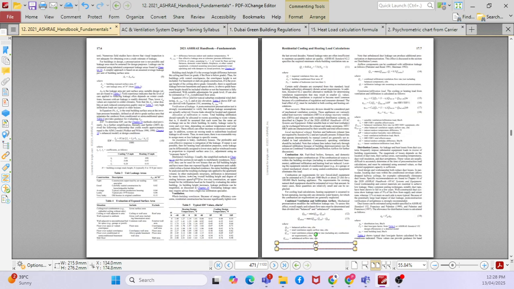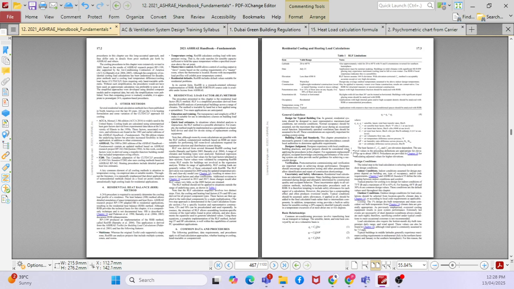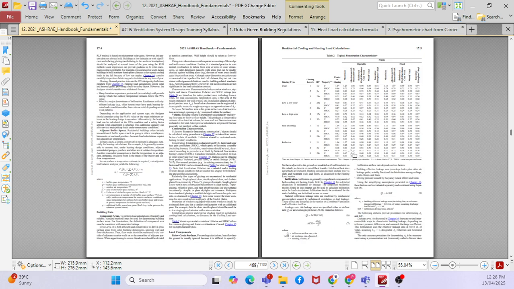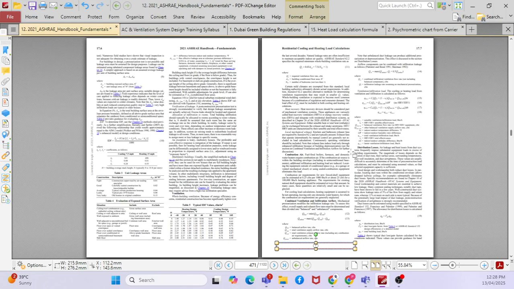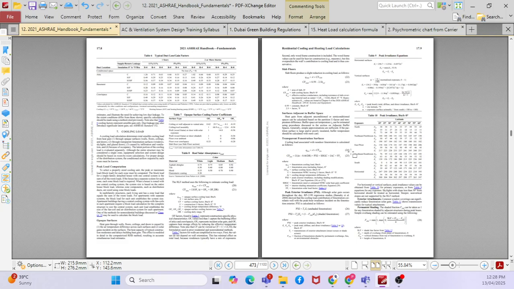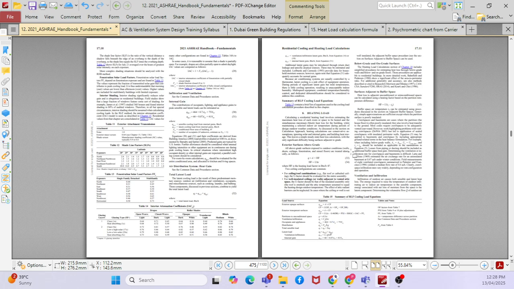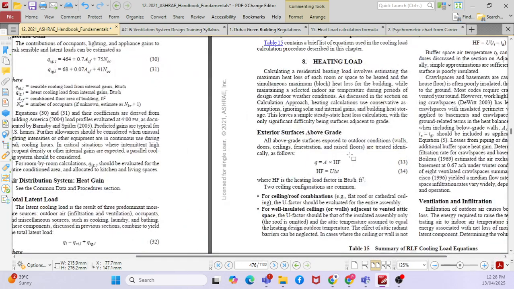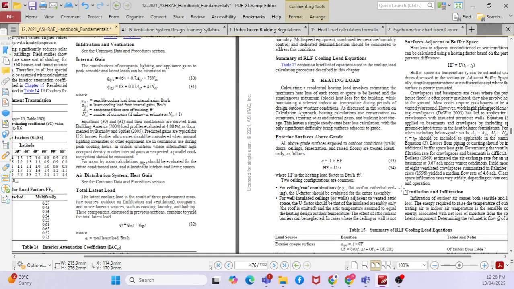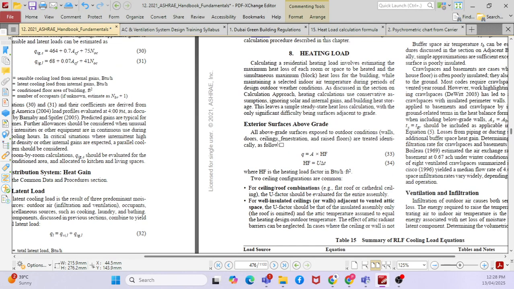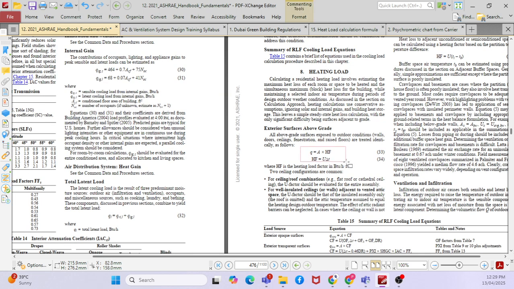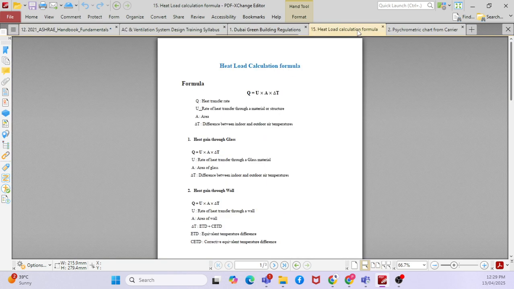Say for example, this is the heating load for all above grade surfaces exposed to outdoor conditions: walls, door, ceiling, raised floors. This equation is from ASHRAE, so that is the same equation given here also, right?